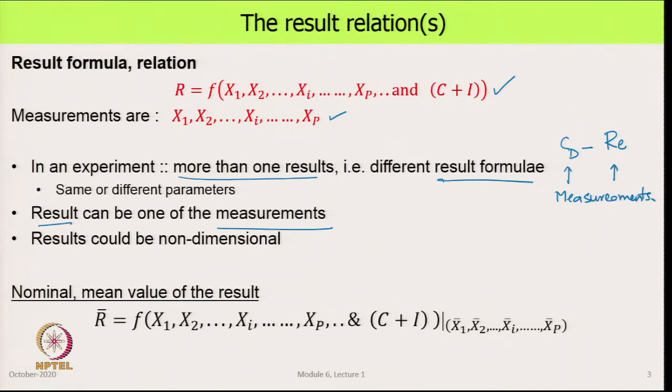The other thing is that results could be non-dimensional. For example, in this example here, both drag coefficient and Reynolds number are non-dimensional. So, typically all measurements that we make in the laboratory are dimensional measurements.